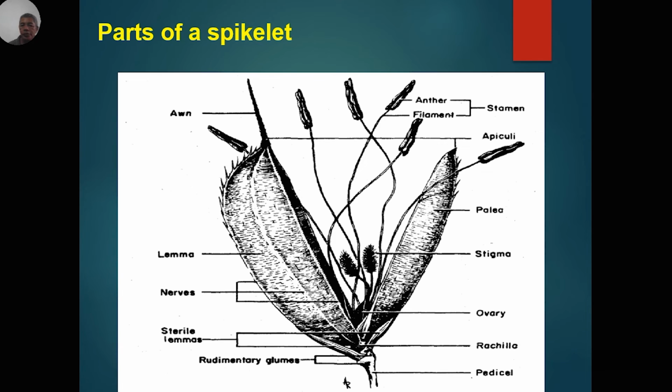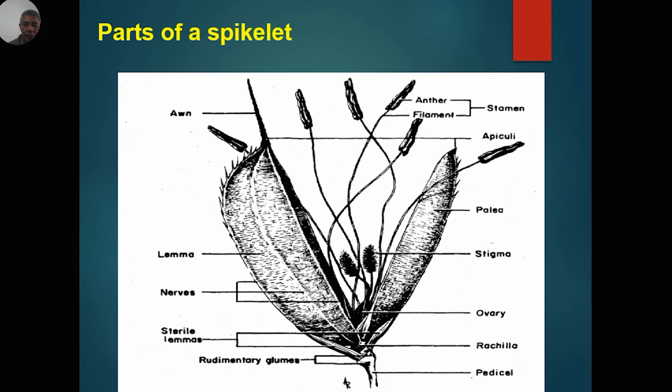And of course, the spikelets or the grain of rice will not be filled with the endosperm, the cotyledon, if there is no pollination and fertilization process.